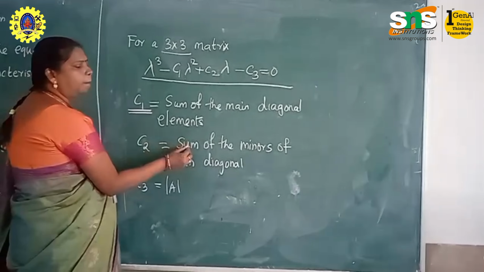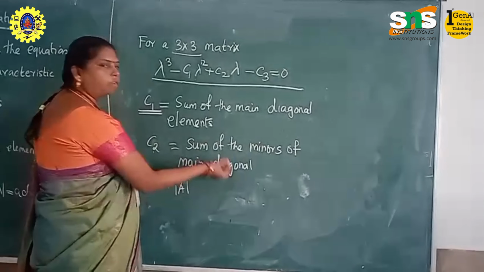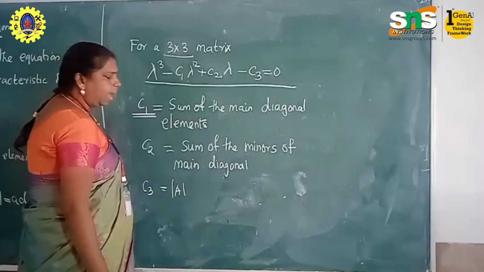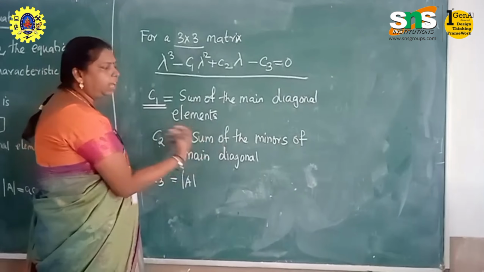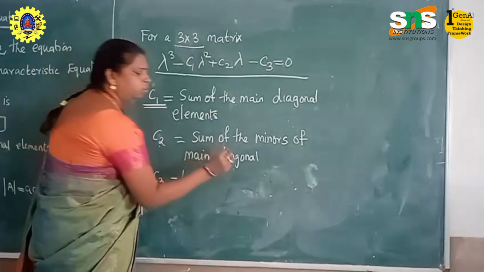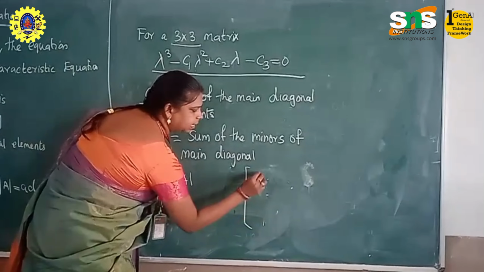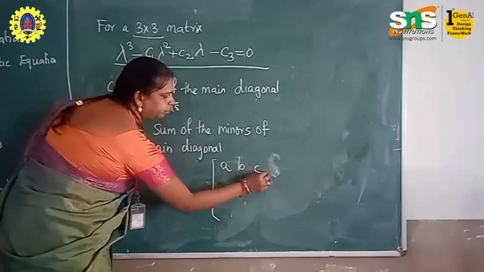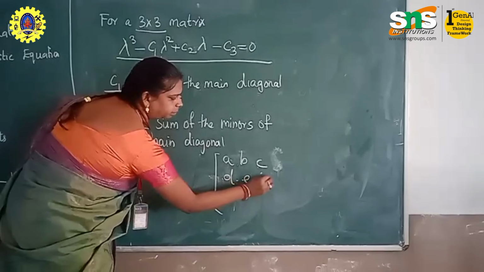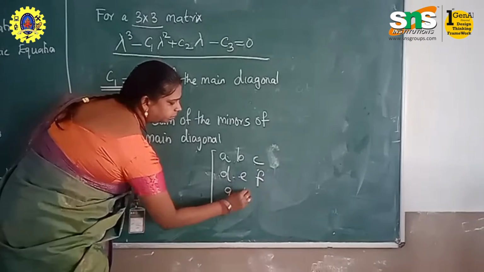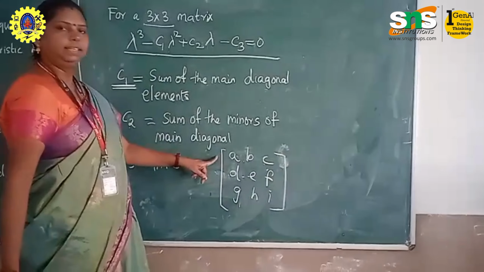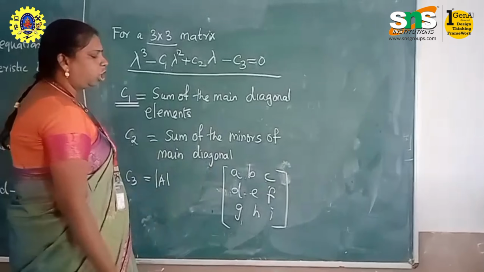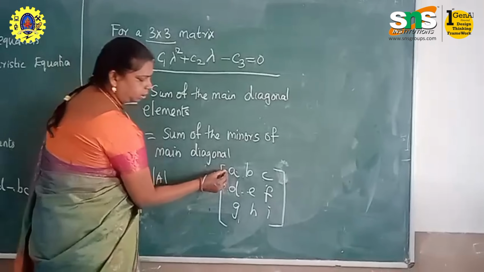C2 is the sum of the minors of the main diagonal. So we have to consider the main diagonal and find the minor of the main diagonal elements. So for example, let me consider a 3 cross 3 matrix. What are the main diagonal elements here?